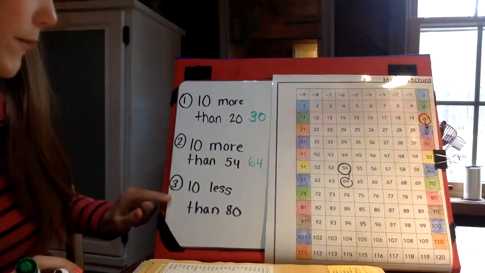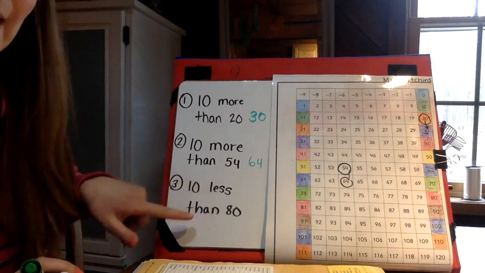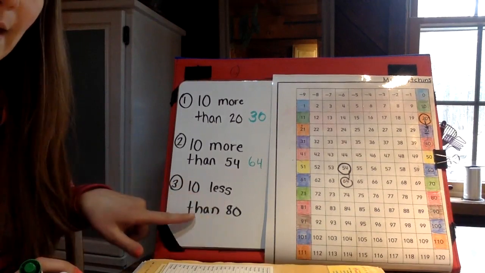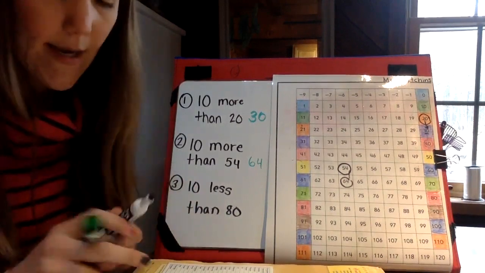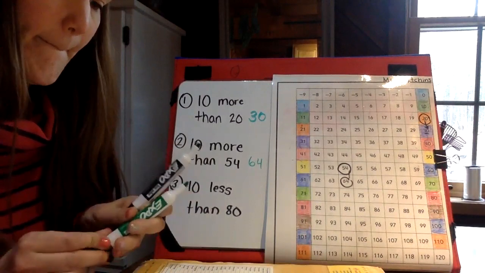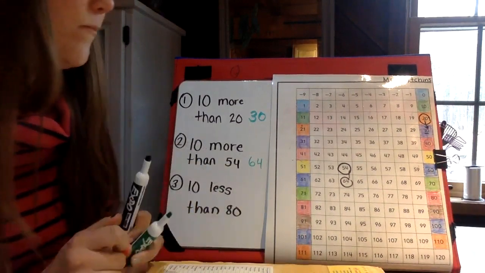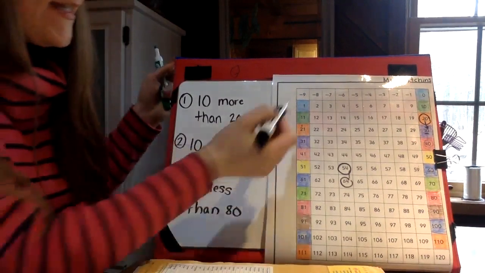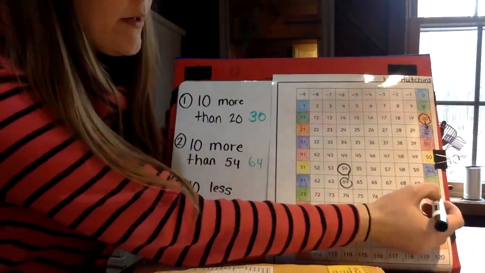All right, let's look at number 3. What number is 10 less than 80? Okay, I'll give you a second to figure that out, and then we'll work on it together. All right, 10 less than 80. I'm going to find 80. I know it ends in a 0, so all of those numbers that end in a 0 are over here.